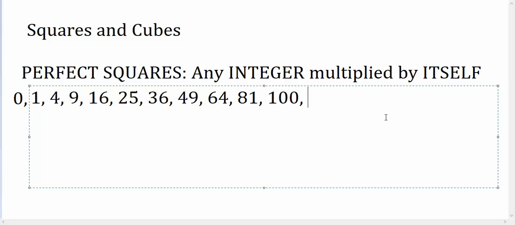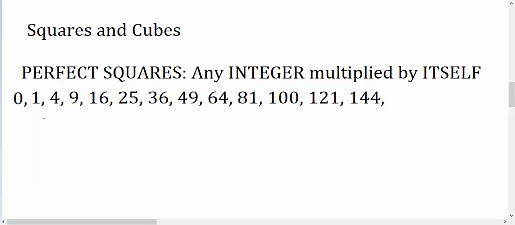And let's just go a little bit further. We have 121, which is 11 times 11. 144, which is 12 times 12. And a couple of others that are good to know because they do come up a lot. I'll write these down below.